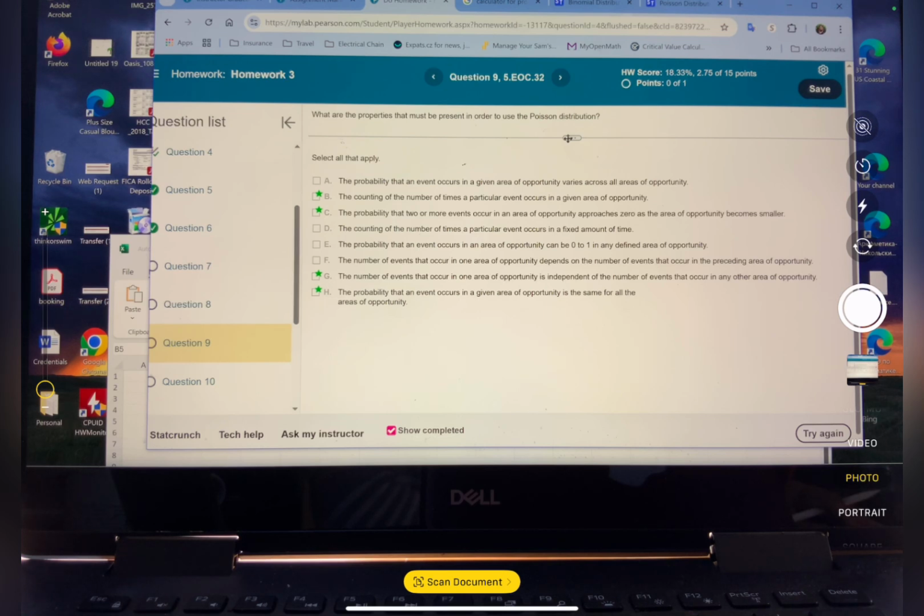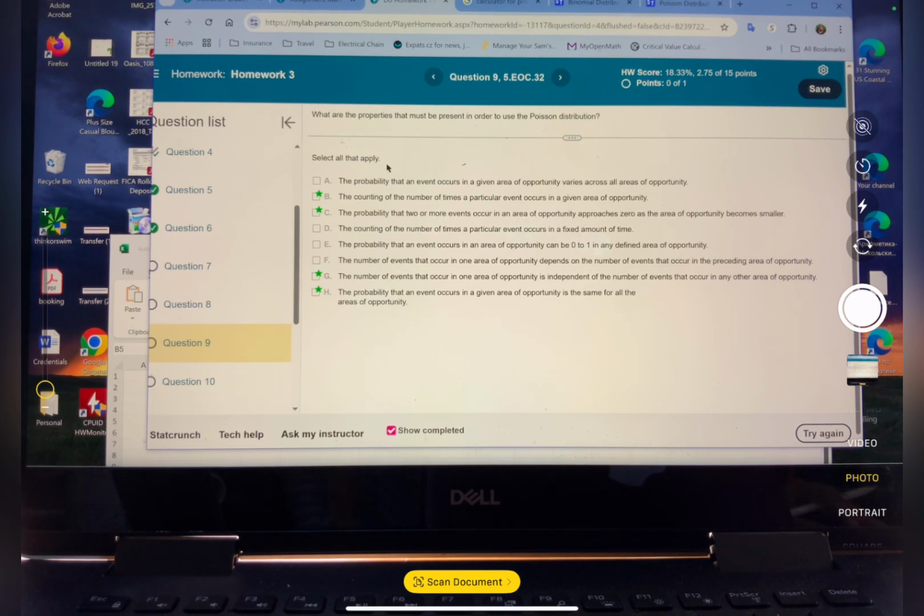Following next, what is this one? For Poisson, let's go over it. First is counting the number of times a particular event occurs in a given area of opportunity, which is a given interval of time. So it will happen so many times. The probability that two or more events occur in an area of opportunity approaches zero as the area of opportunity becomes smaller.